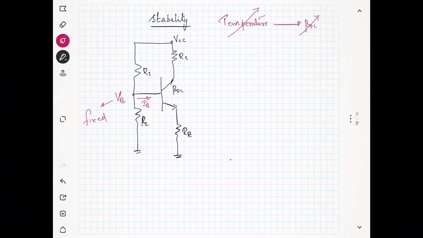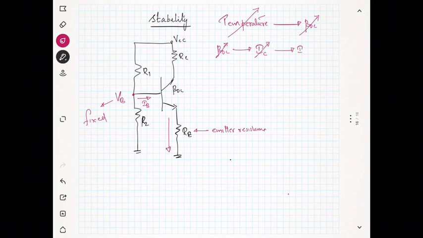As the beta DC changes, what will happen? You can see there is a resistance at the emitter. This is known as emitter resistance. Now, since beta DC changes, the IC changes, right? Since IC changes, IE also changes.